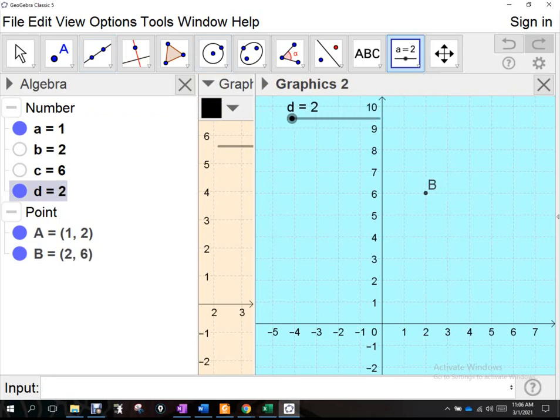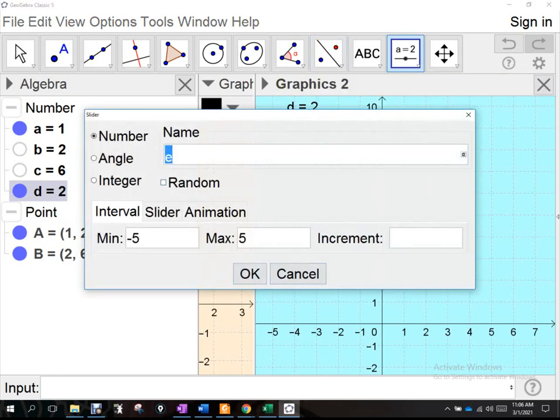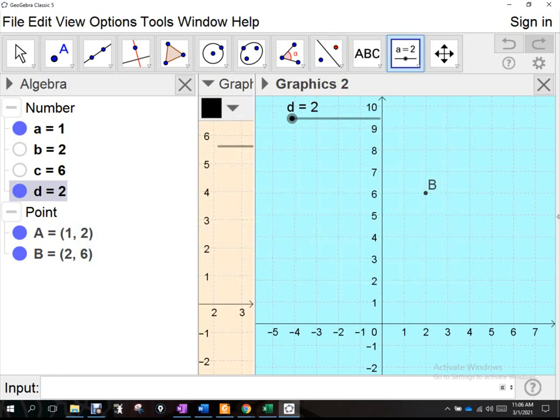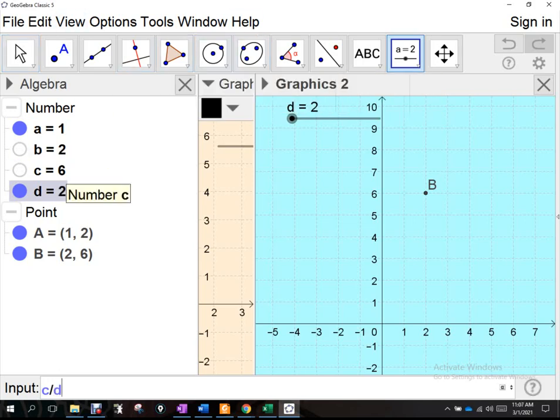All right, so let's talk about this idea here. If I take 6 and I divide it by, so what I'm going to do here, I've taken this value of 6, I've forced that to be constant, and we're going to divide it by this value d right now.